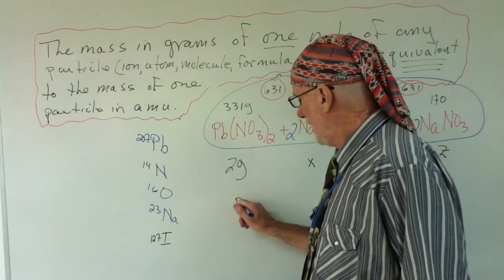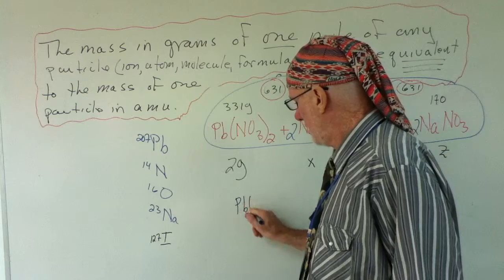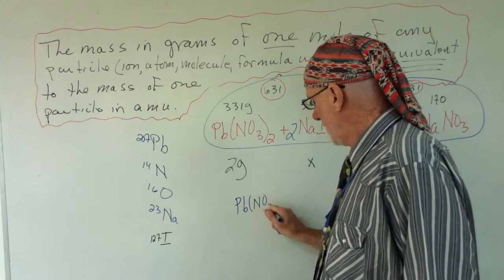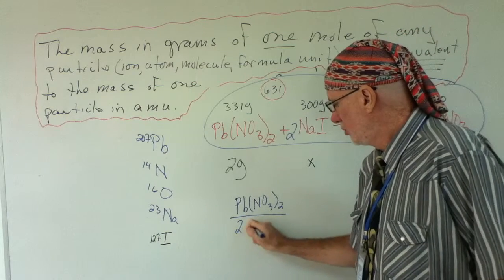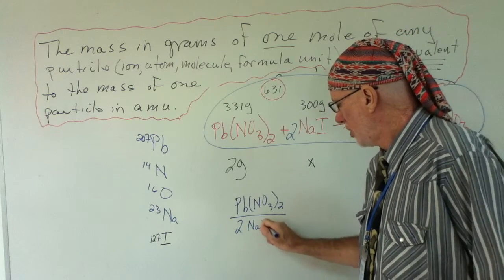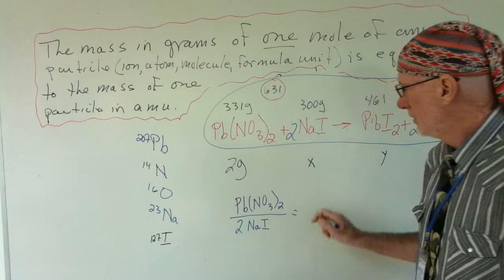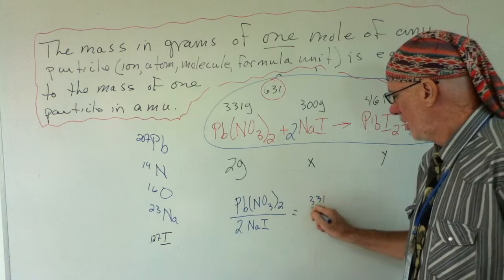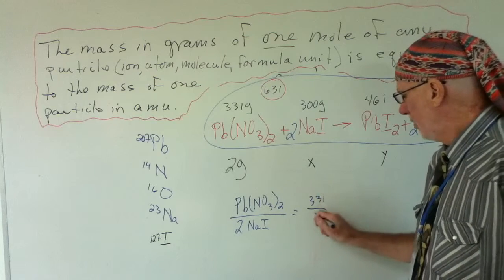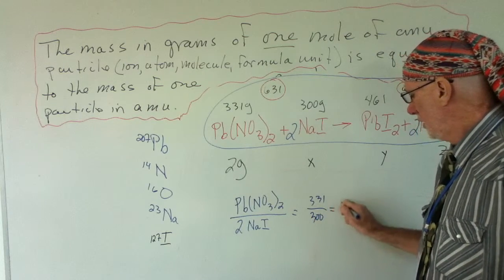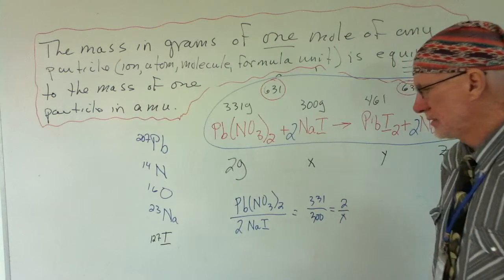So lead 2 nitrate over 2 sodium iodide is 331 over 300 equals 2 over x.